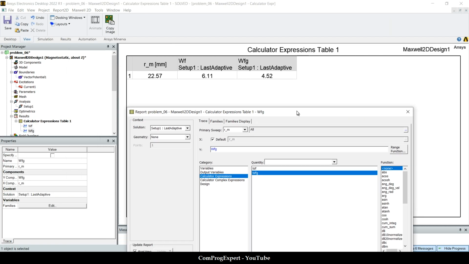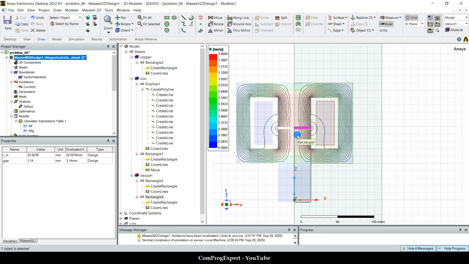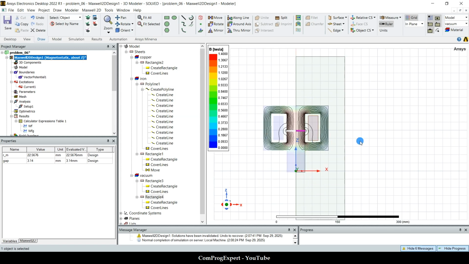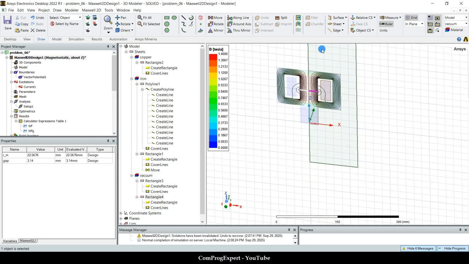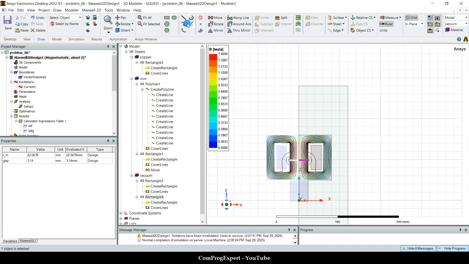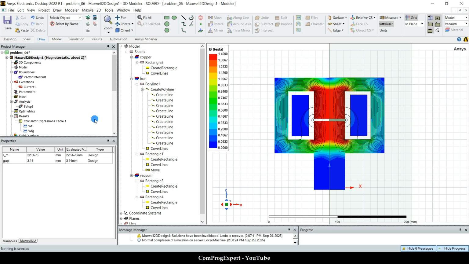WFG at trace. As you can see, the number here is 4.5 joule. We didn't multiply this by the depth of the problem because we don't have a 2D problem, a cross section. This is a cylindrical one, and integration is done in the cylindrical coordinate system, and this number is the correct one. You don't have the L stack like before.